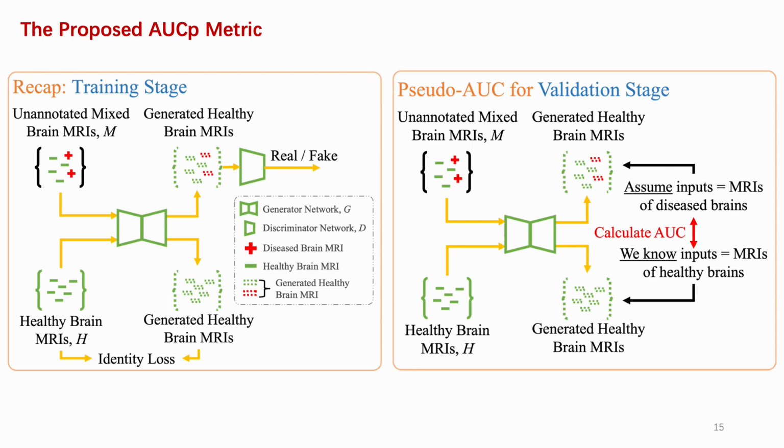Then we use another set of known healthy brain MRIs to get their detection score. For this set, we already know that their ground truth is healthy. Now, combining the predictions of these two sets, we calculate the AUC score, which is the score of our pseudo-AUC metric. For inference, we select a model that produces the highest pseudo-AUC score.